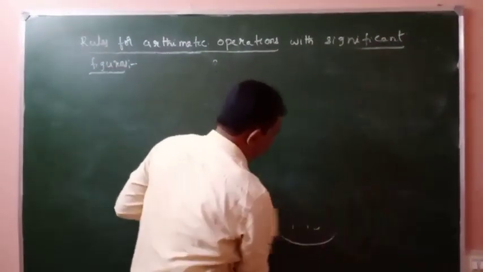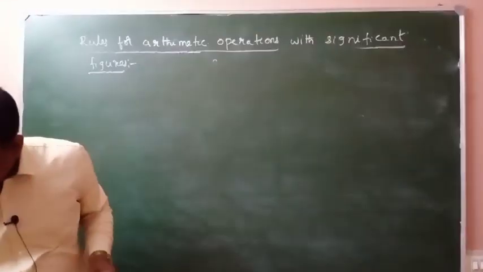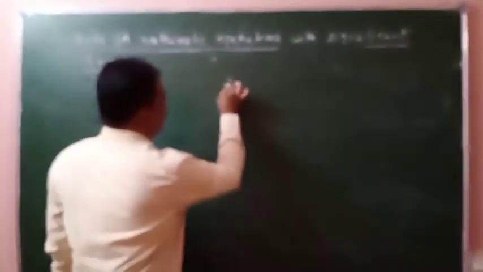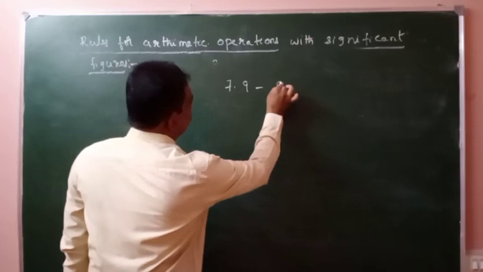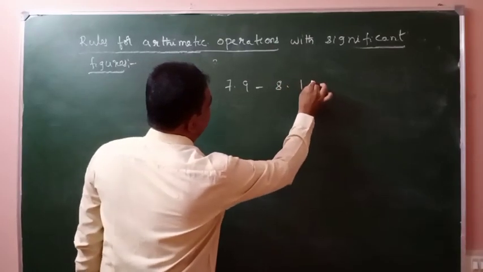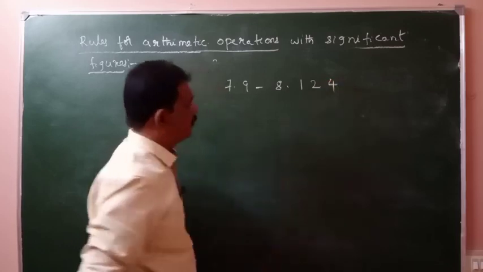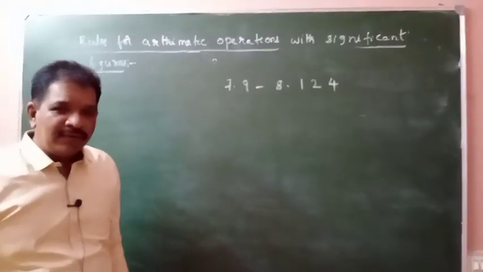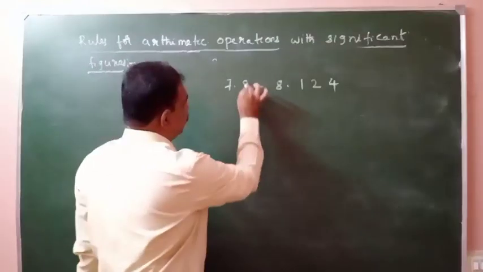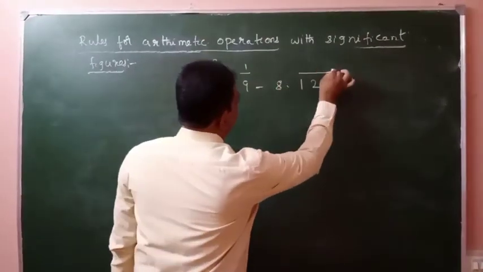What is that you have to follow? 7.9 minus 8.124. Means what you have to do? After the decimal point here 1, after the decimal point here 3.